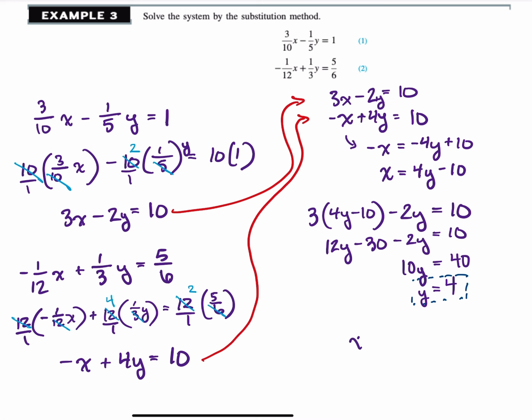So we can say x equals 4y minus 10. Instead of y, we'll plug in our 4. So x will equal 16 minus 10 or positive 6. So y equals 4, x equals 6. So our solution point would be 6 comma 4.